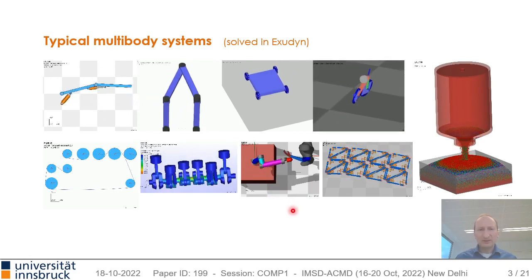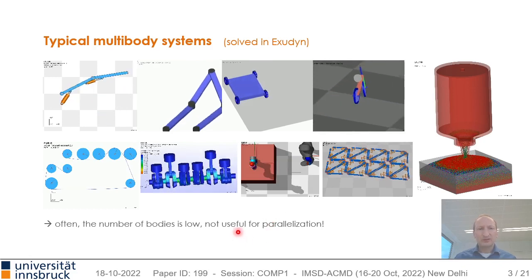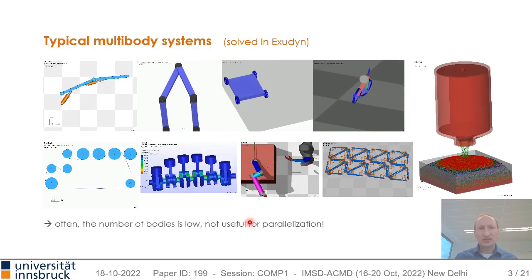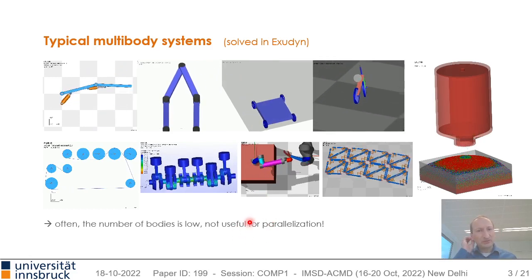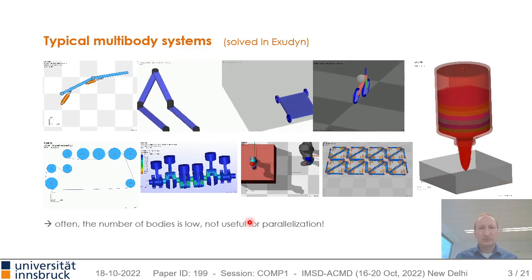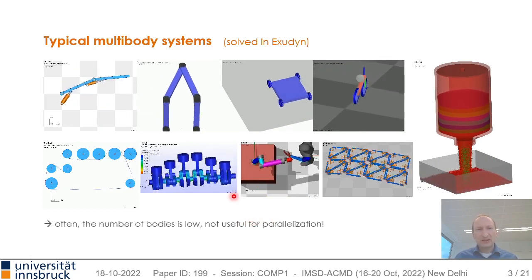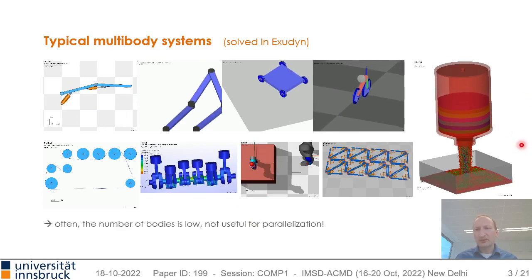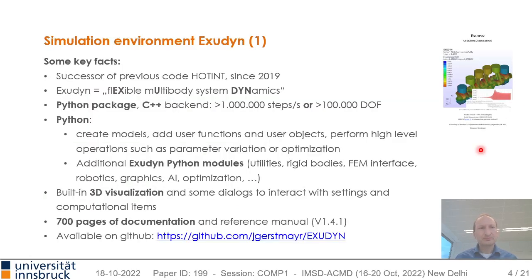Except for the particles, the number of bodies is sometimes very low, and conventional parallelization approaches can almost not be applied, especially as they would need a huge number of bodies, as we see here on the right hand side. So before coming to the parallelization, I start with the simulation environment itself.